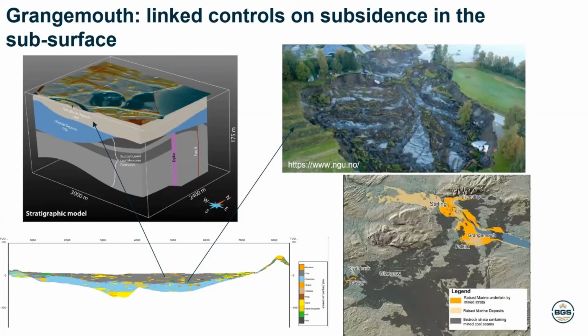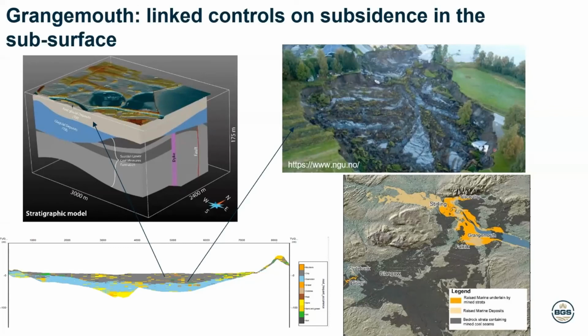Now, what we now know is that this is potentially quite a significant hazard. So all of these areas highlighted in orange here are areas where we know we have coal workings quite close to the surface, and we have mapped marine clays. So we've actually identified a hazard that we didn't even know was there.